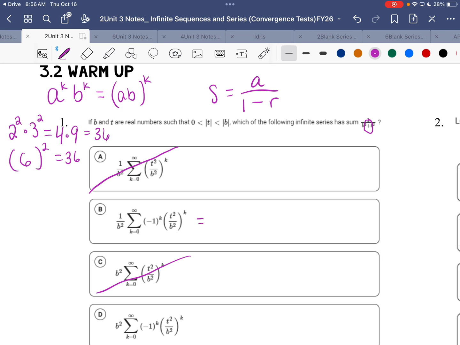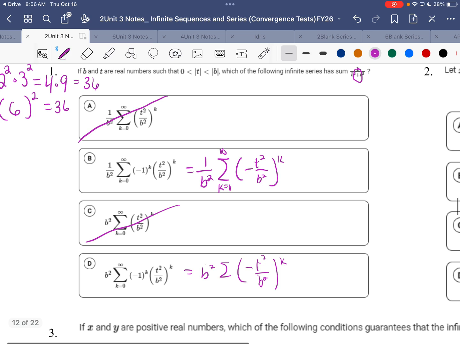So you could rewrite this sum on B and D as the sum of negative t squared over b squared to the k. And same on D. So then you're trying to figure out which one would have the correct leading coefficient that would get rid of the squared in the denominator.